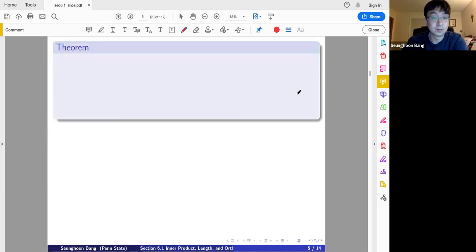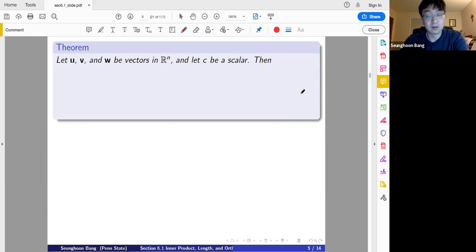Next, a theorem. Let vectors u, v, and w be in Rn, and c a scalar. Then we have these results. The inner product of u and v is exactly the same as the inner product of v and u. You can interchange u and v and have the same answer.